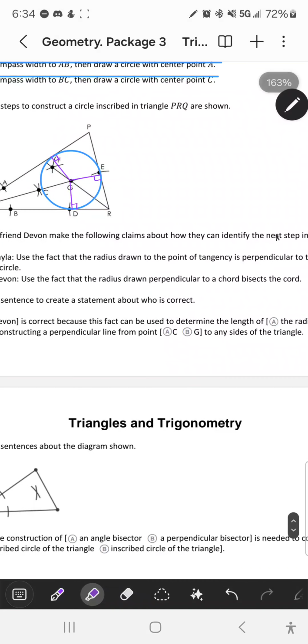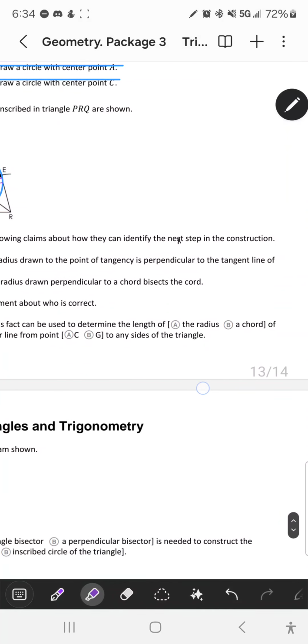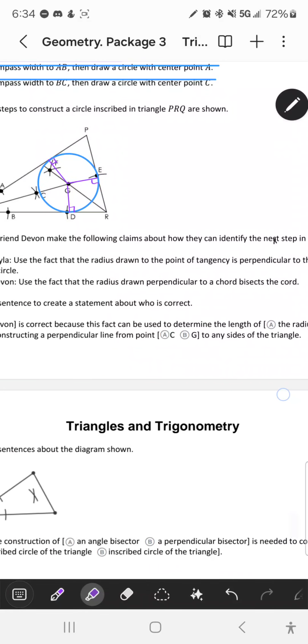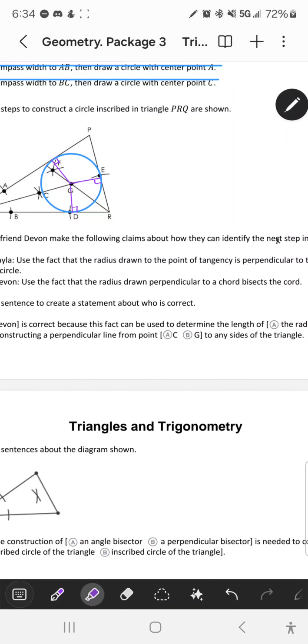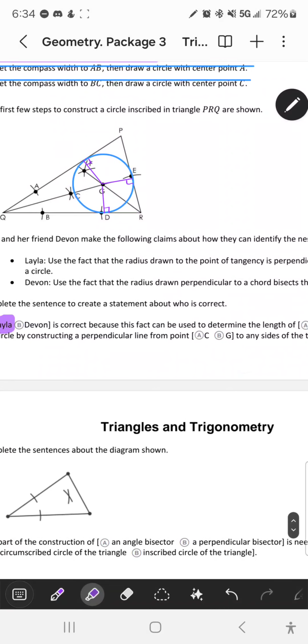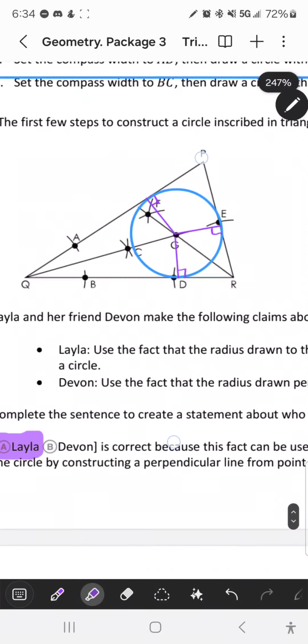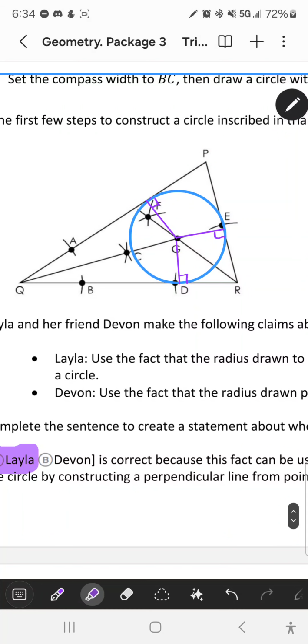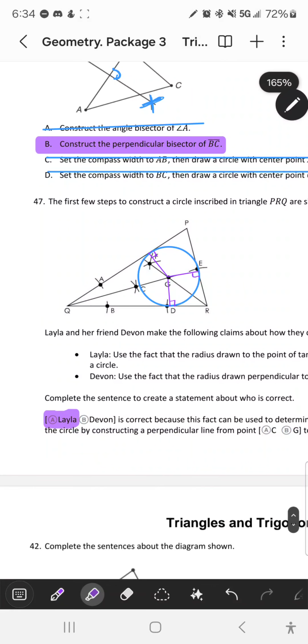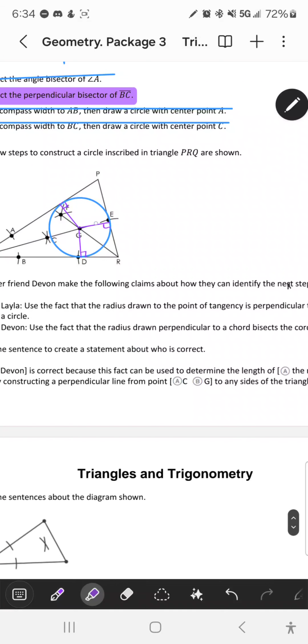This fact can be used to determine the length of the radius, I will say. I'm sincerely not 100% sure about this one, but with the right calculation and the right data, we can do both with that fact. I think the easiest is just the length of the radius, because it's right here.